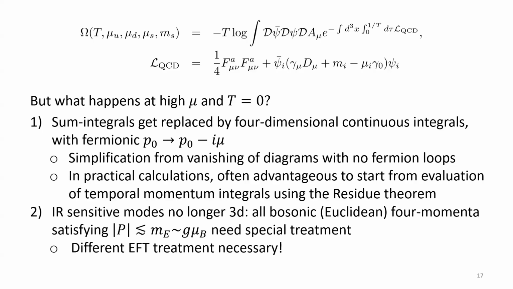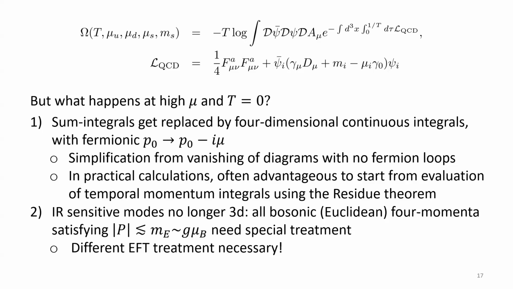Another kind of qualitative difference to high temperatures is then the fact that the infrared sensitive part of the theory is different. As I briefly mentioned yesterday when we were discussing the infrared divergences that we saw in the lambda phi^4 theory, there one could somehow pinpoint that it was the zero Matsubara, n equals 0 mode, the so-called static Matsubara mode of a bosonic field, that was responsible for all infrared divergences.